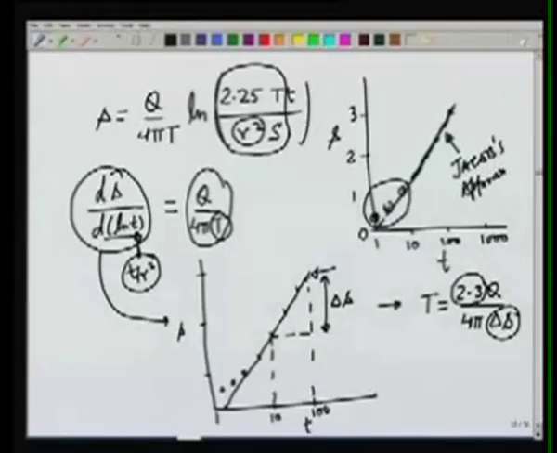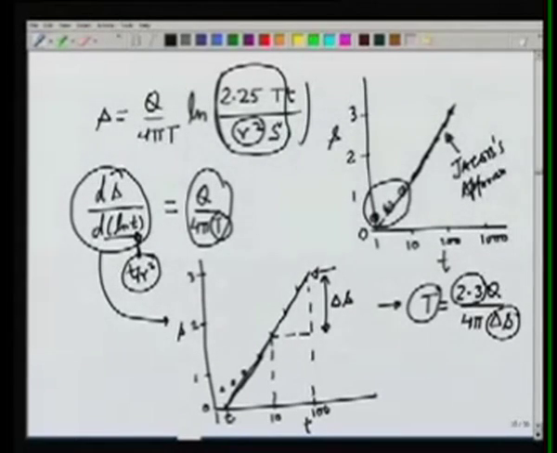So we can see that the slope of this line gives us transmissivity directly.